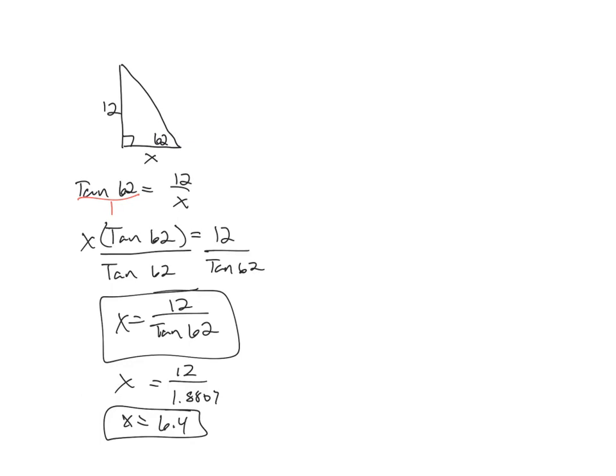Some of your problems will be just triangles like I've done, and then there'll be a few where there's a word problem, but it's a visual of different things that you can make a triangle from. Then you can use tangent to figure out the height of something, like a tree or a building, or if you know how high it is and want to figure out how far away you're standing, you can use tangent.